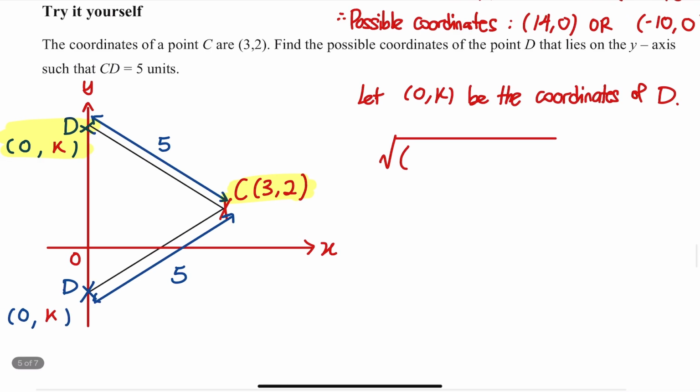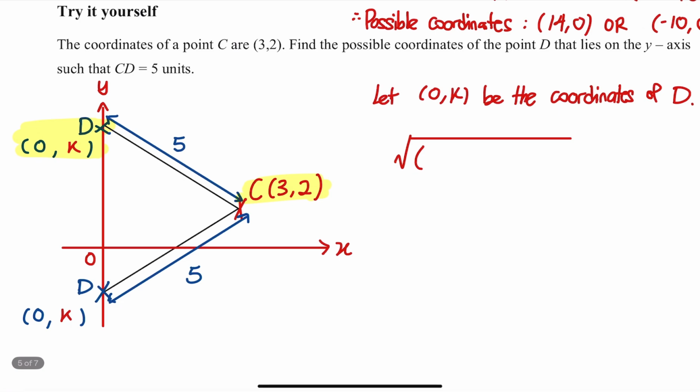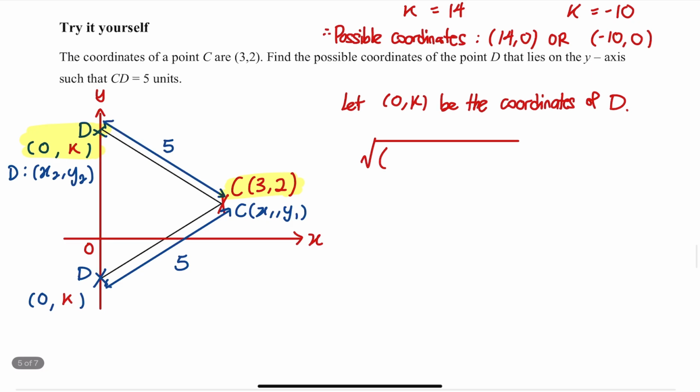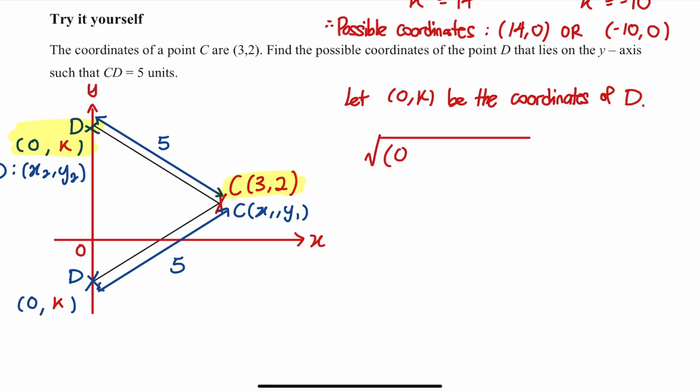I call point C here my x1 comma y1. Point D here, I call this my x2 comma y2. Okay, so over here, by applying the length formula, x2 minus x1, 0 minus 3 the whole thing square, plus y2 minus y1, k minus 2 the whole thing square is equal to the length, which is 5 units.